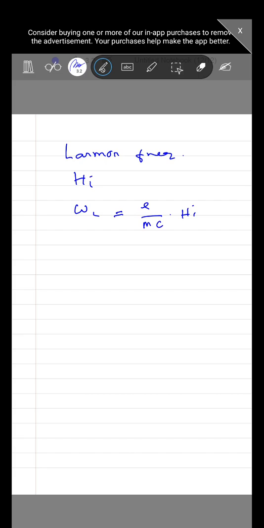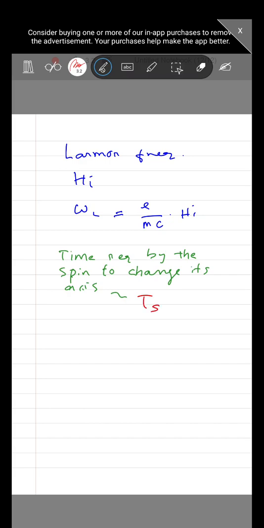If this is the case, then the time required by the spin to change its axis, which is in fact the static relaxation time, will be almost equal to the inverse of the Larmor precession frequency.